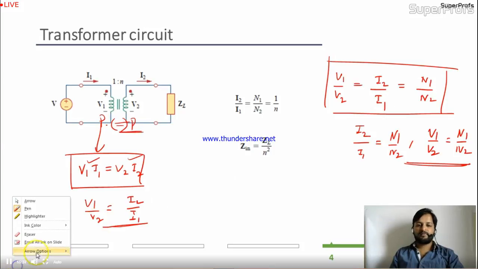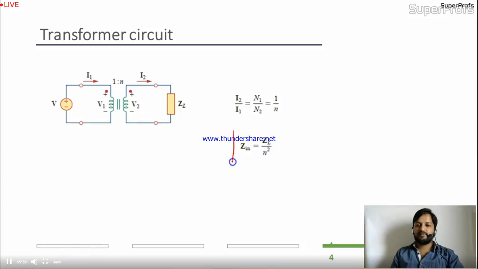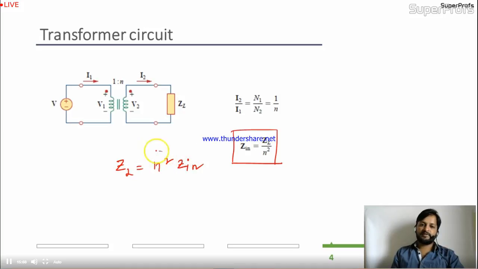Now another formula, and this is also a very important formula: ZL in terms of input. ZL is given as, you will see here, Zin. This is N2, right? N2 is 1.